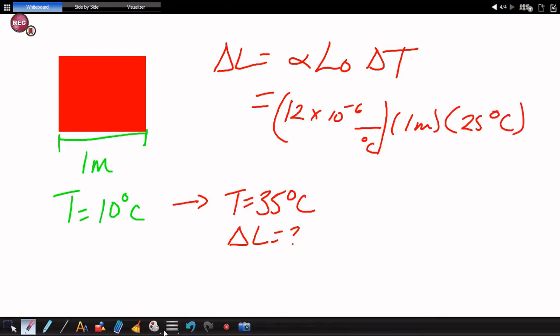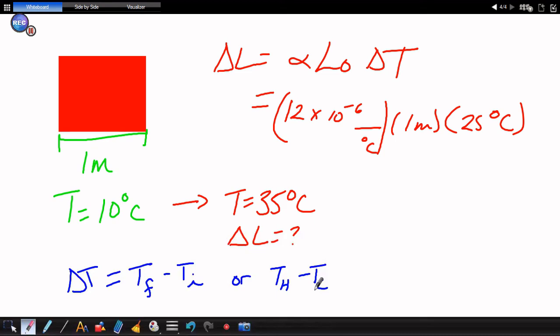And I want to be careful here, so I'm going to write down an aside. When we do delta T, there's two forms of it. It is almost always T final minus T initial. But sometimes it is T hot minus T cold. Sometimes you just want to know the difference.